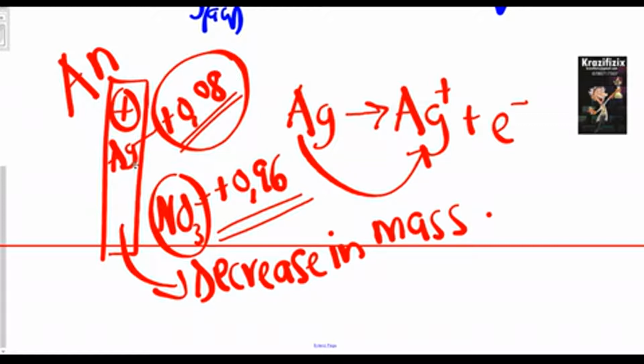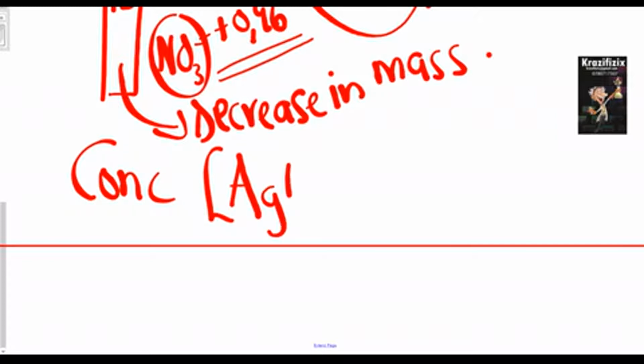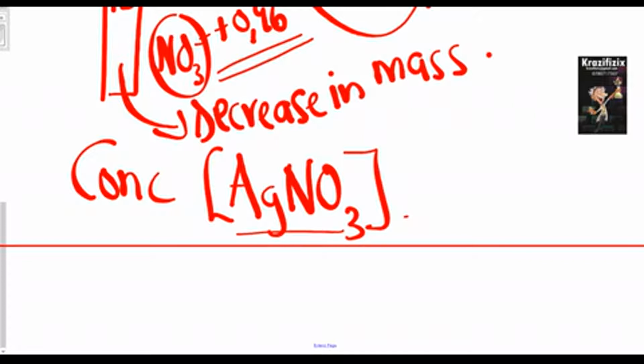And what happens to our concentration again? Just like we did the other time, our concentration remains the same. The concentration of AgNO3 will remain the same because NO3 remains in the reaction. We have silver coming in to form a new silver nitrate. As one mole of silver goes, another mole of silver just replaces.